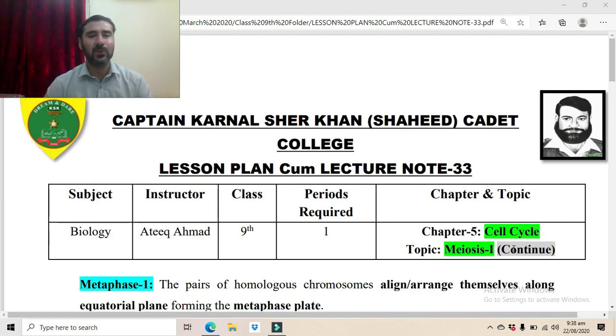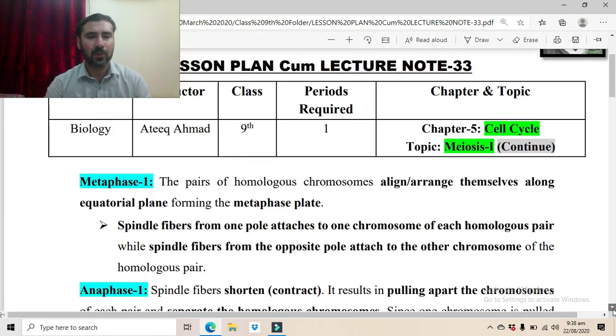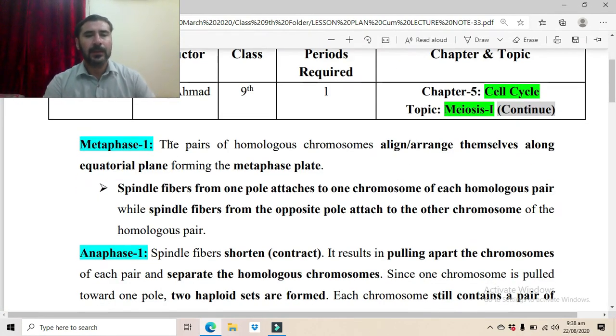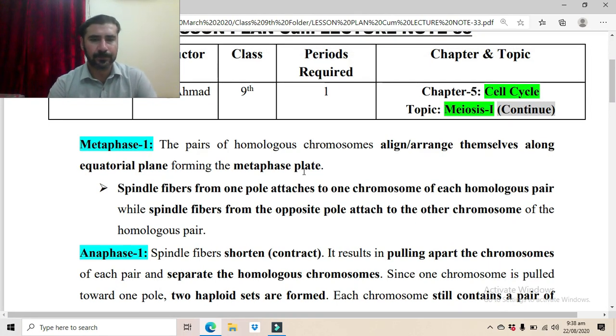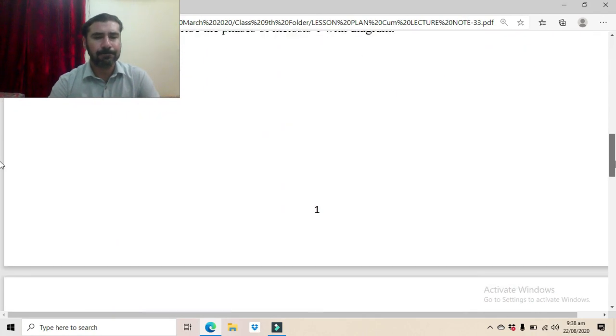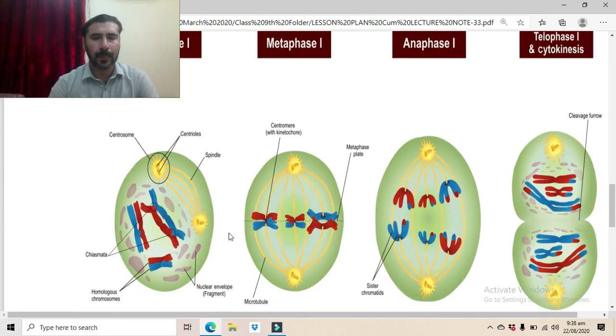Now today we are going to study the next phase of Meiosis 1, and that is the Metaphase 1. The pairs of homologous chromosomes arrange themselves on the equatorial plane, forming the metaphase plate. It is diagrammatically shown here. These are the pairs of homologous chromosomes.